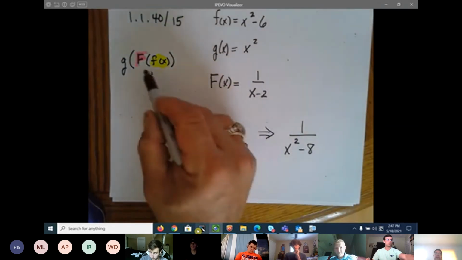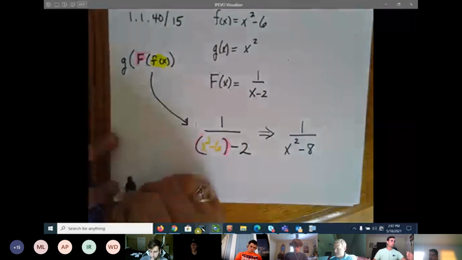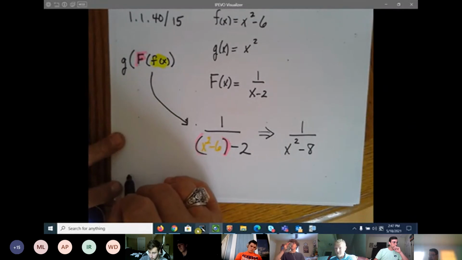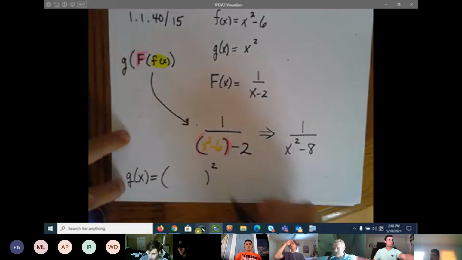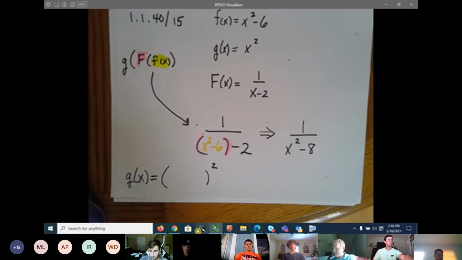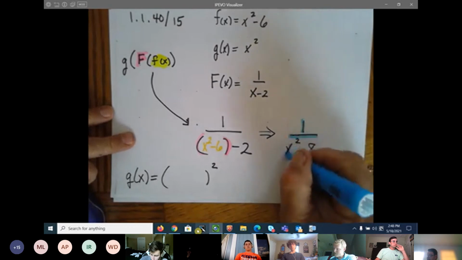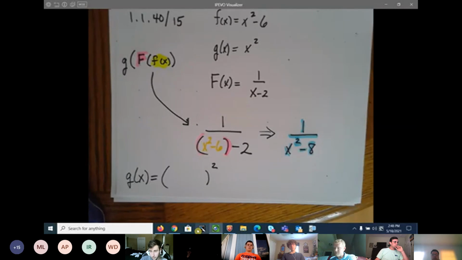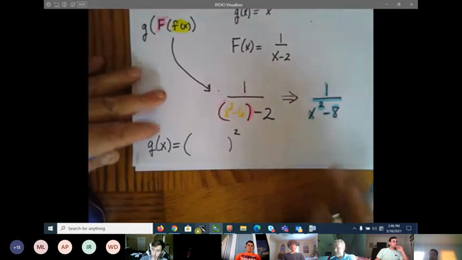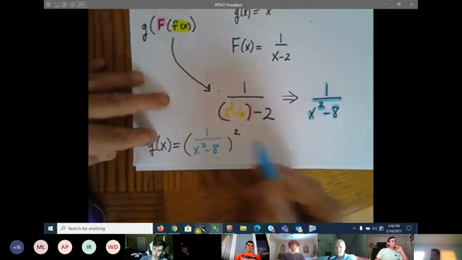So now I'm going to rewrite G with a big set of parentheses. G of x is equal to big old set of parentheses squared. And then I'm going to put big F of little f in here. Now, this is what I think they want. 1 over x squared minus 8.